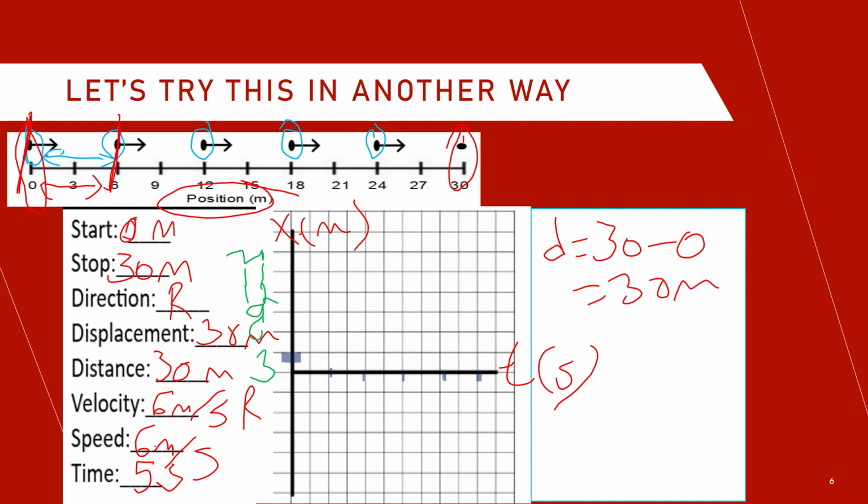Let's do this the other way around. Let's move by 6 because I don't have enough space. Recount. All right, 6, 12.